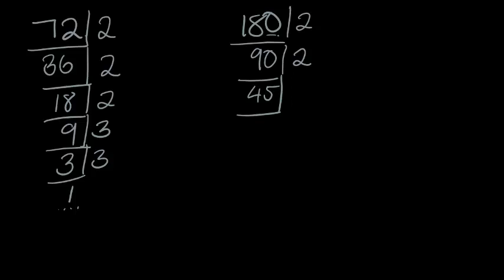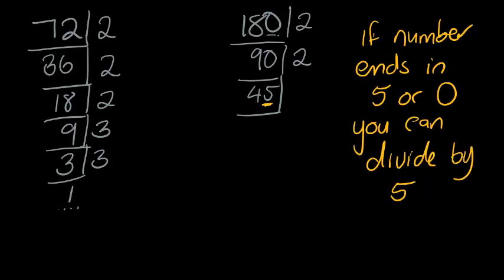But what I notice is that this number ends in a 5. So if a number ends in 5 or 0, you can divide by 5. So I'm going to go straight and divide this by 5. 45 divided by 5 is 9. And now I'm going to go 3, 3, 1.